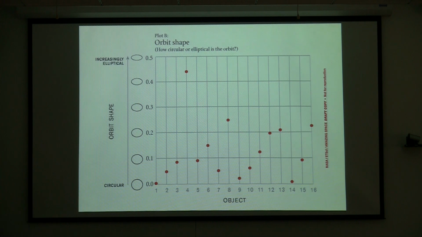Tell me one thing about this plot. The majority seem to have a shape that is more circular. Okay, you're going for the generalization right off the start. She says the majority seems to have a shape that is more circular.